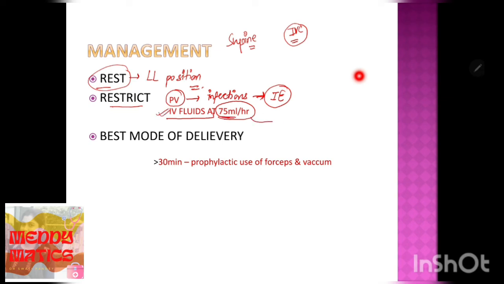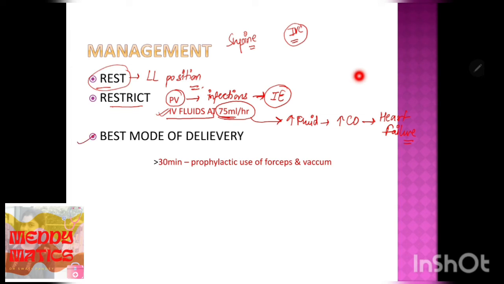Why? Because if more fluid is given, it will increase the cardiac output, and more cardiac output will lead to heart failure. So restrict the IV fluids at 75 ml per hour.